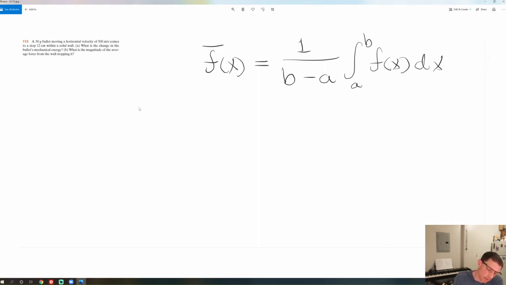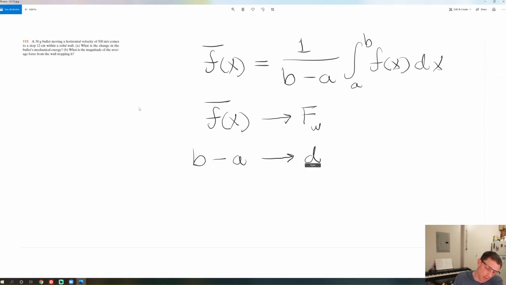Remember I drew the bar over this to indicate that it's the average value. Let's identify this with the force of the wall, and let's identify b minus a, which is just the length of the interval for the integral here, with d, right?